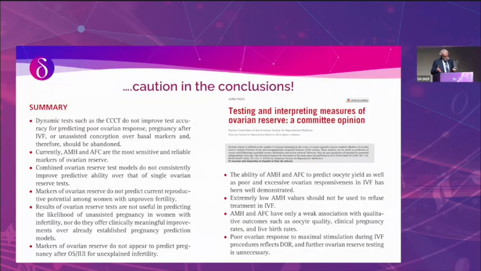Because for me, testing ovarian reserve to predict current reproductive potential among women with unproven fertility is very problematic. I think it creates fear in every woman when you start to speak about that. It's different, obviously, for patients with endometriosis, but for a normal patient, I think it's not so good to start to speak about that with these ladies.